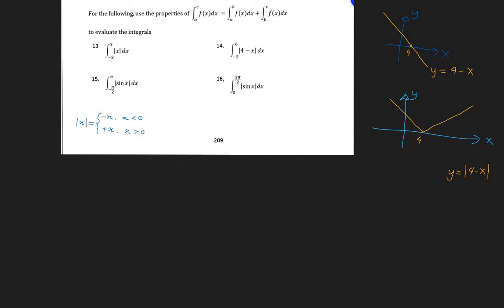Hence, we can define this function such that the absolute symbol means this slope, which is 4 minus x, for x less than 4, and for x greater than 4, it will receive a positive slope.